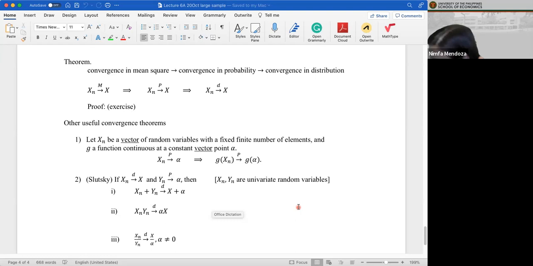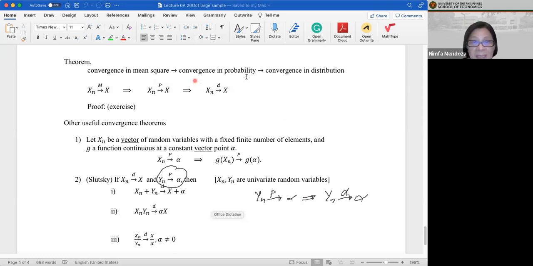Intuitively, we know that if y sub n converges in probability to alpha, then that implies that y sub n converges in distribution to alpha, right? From this result.